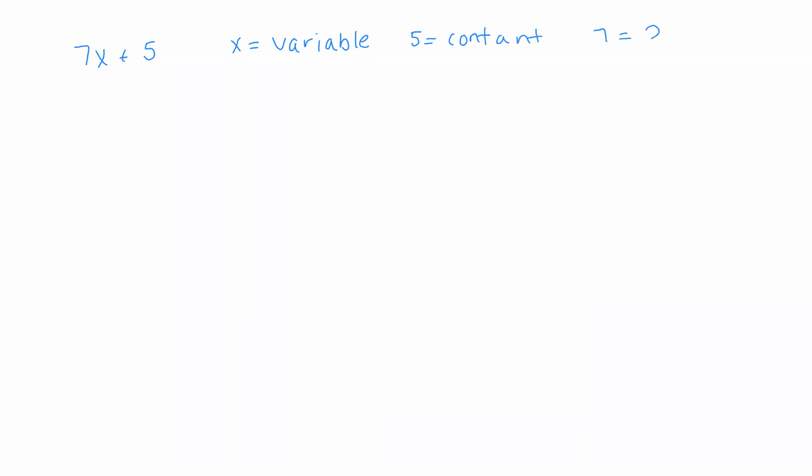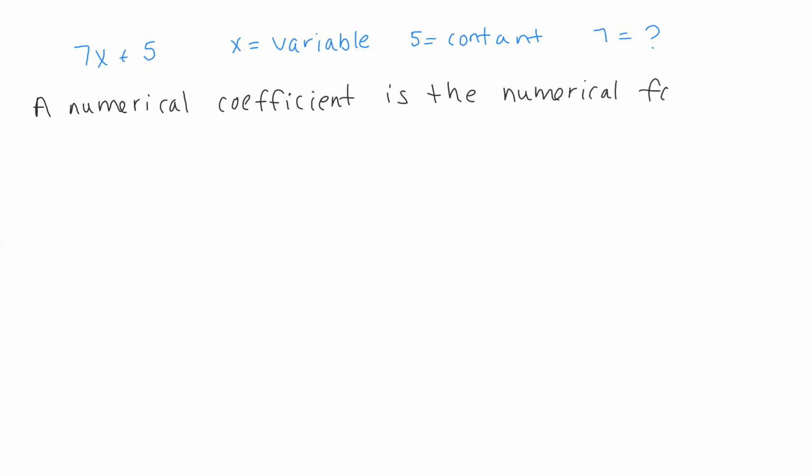So when you're looking at an expression like 7x plus 5, what is that 7? Well, that would be considered a coefficient. So for us, a numerical coefficient is the number factor or the numerical factor of a variable term.